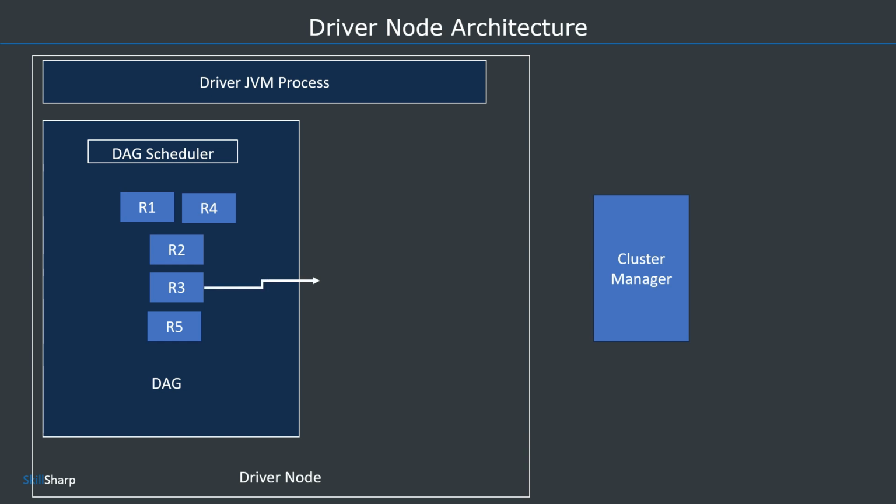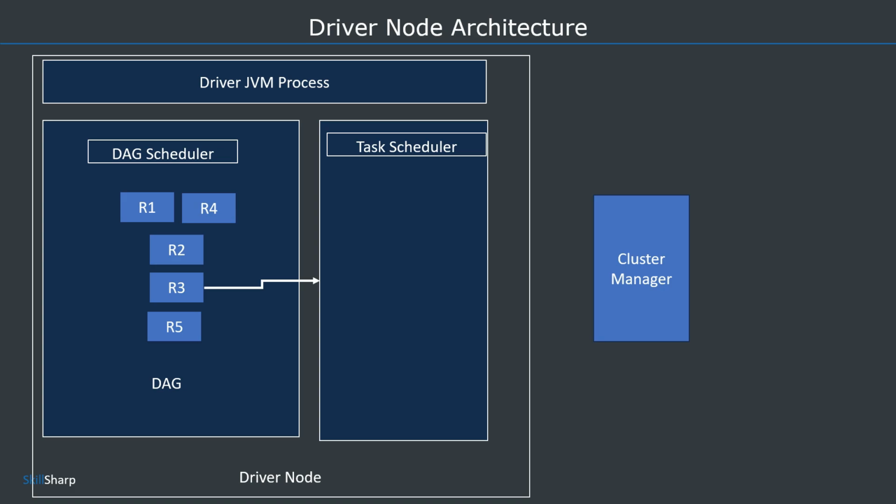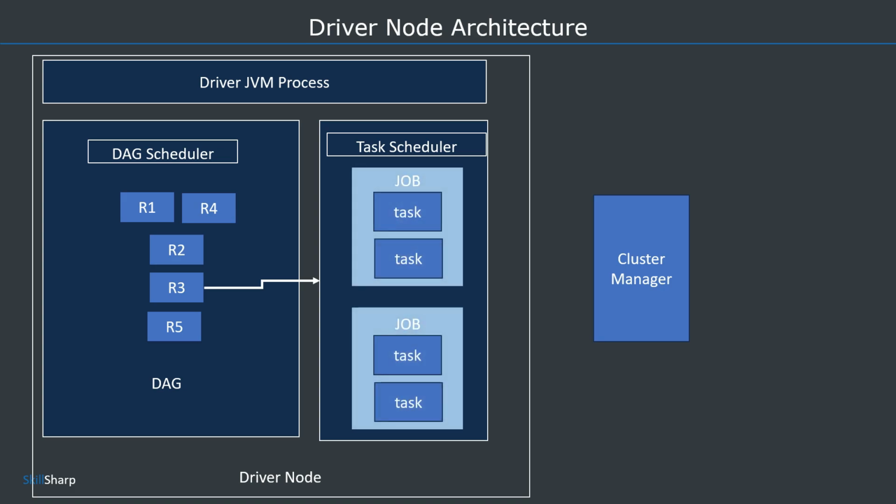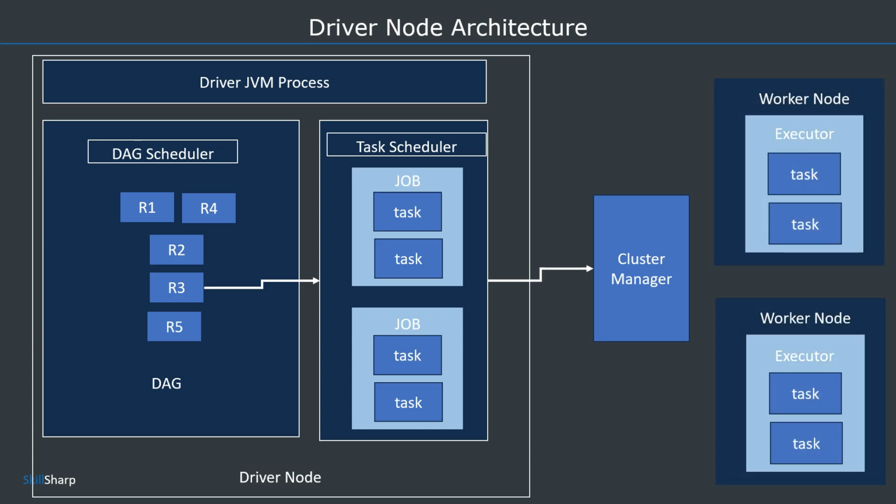Then whatever directed acyclic graph is created by the DAG scheduler in your JVM process is provided to the task scheduler, and the task scheduler will convert these directed acyclic graphs into jobs, stages and tasks. So here you can see your task scheduler created multiple jobs, and it has the responsibility to schedule all your jobs, stages and tasks across the different executors on the different worker nodes, and it will communicate this to the worker nodes.